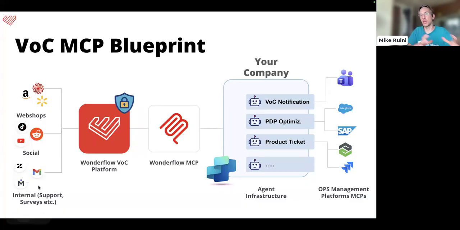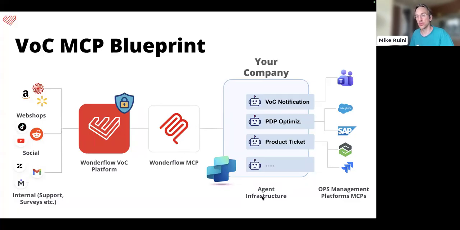Okay, whenever there is a feedback, you can basically store it on Wonderflow. We take care of indexing, enriching it with AI, referencing to product, so that it can be used by your agents that sit inside your agentic infrastructure via the Wonderflow MCP.